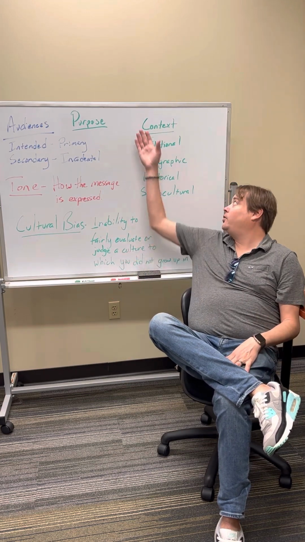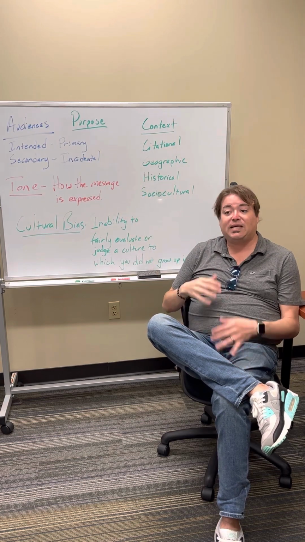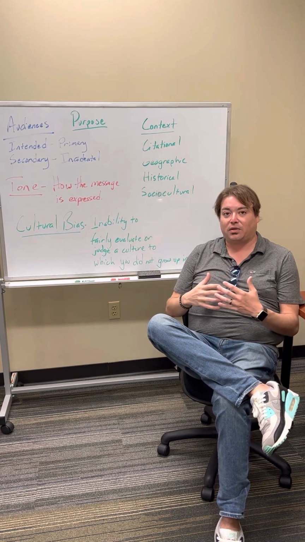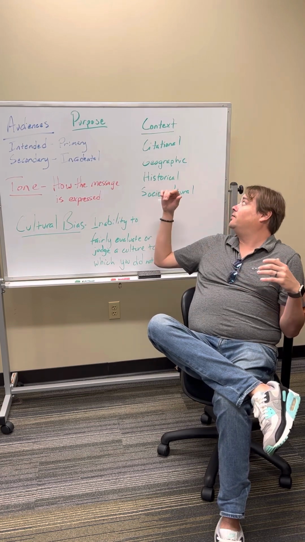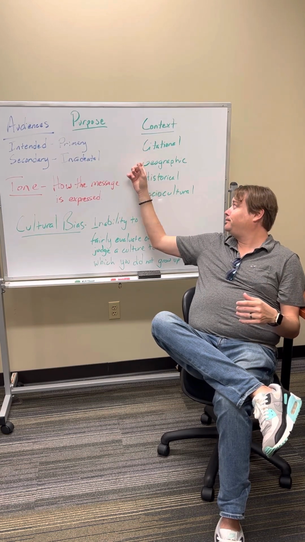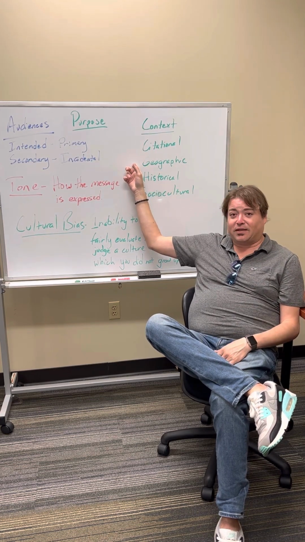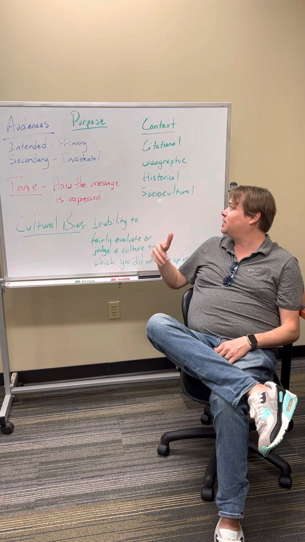So you can evaluate the context of the original piece or product that you're looking at and base it along the lines of: what is the medium that's being expressed? Geographically, where are you in the context of experiencing this?